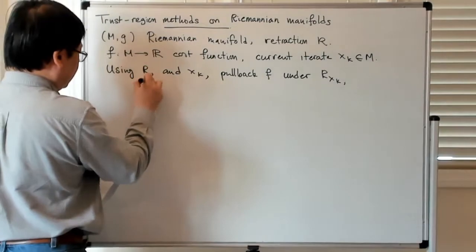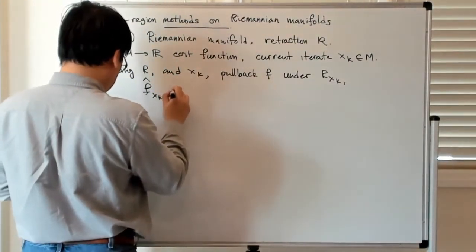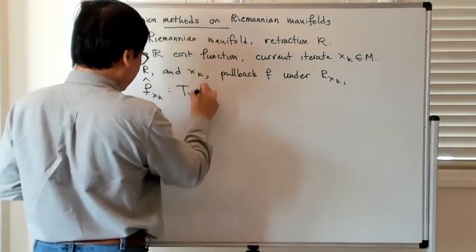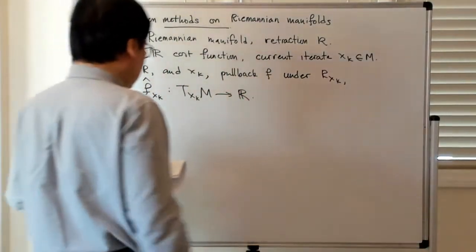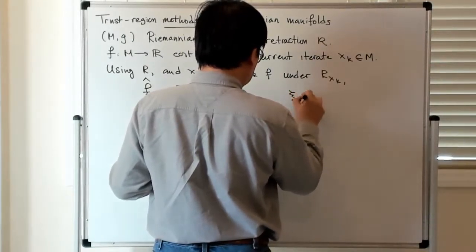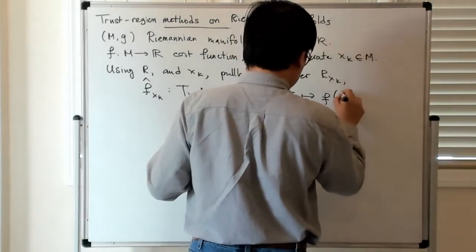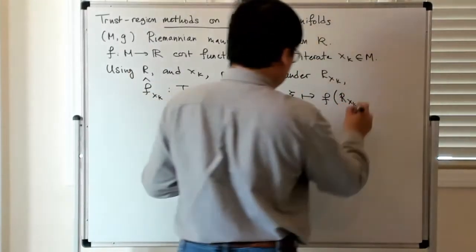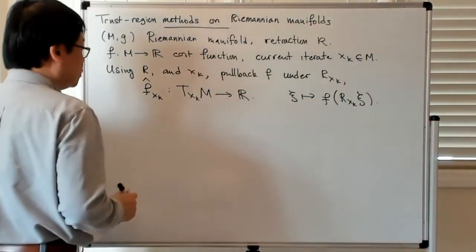So we have f hat xk, which is a map from the tangent space at xk to the real numbers. Obviously, it maps some vector to the function value evaluated when you apply the retraction based at xk to that vector.